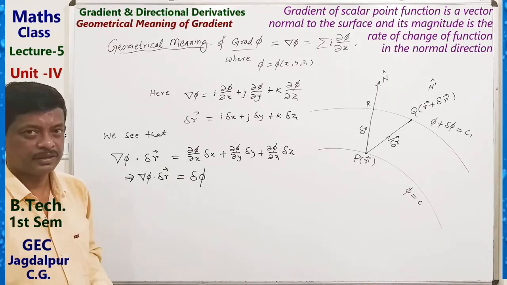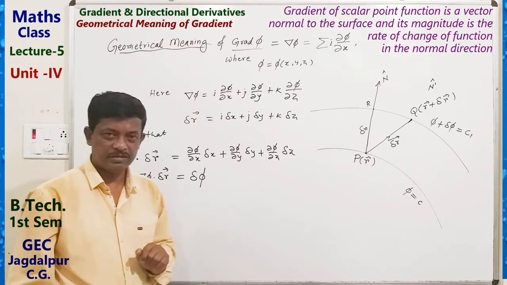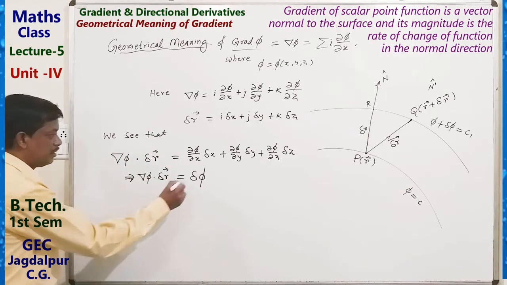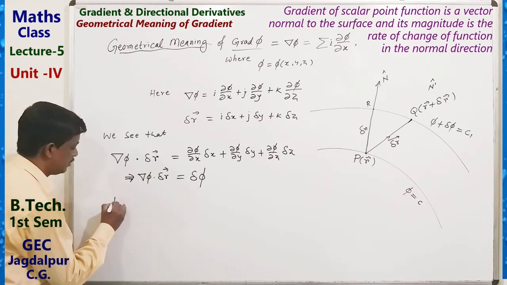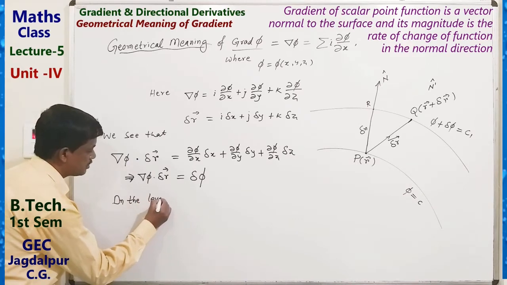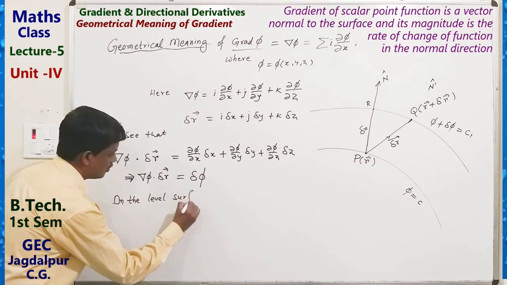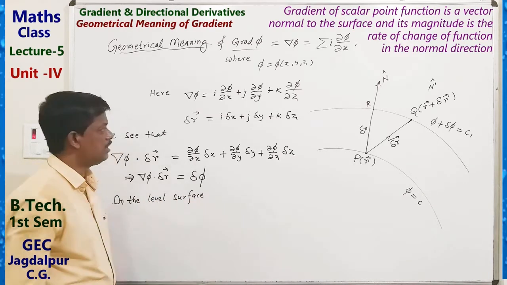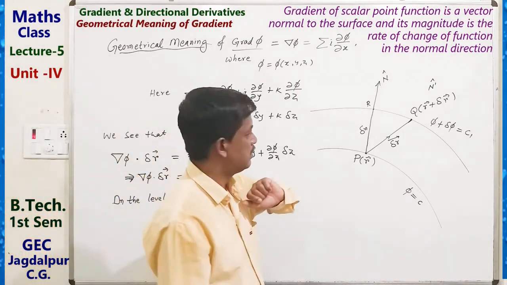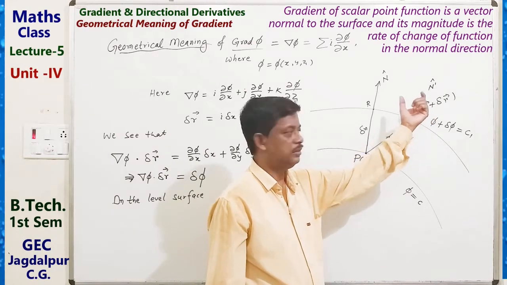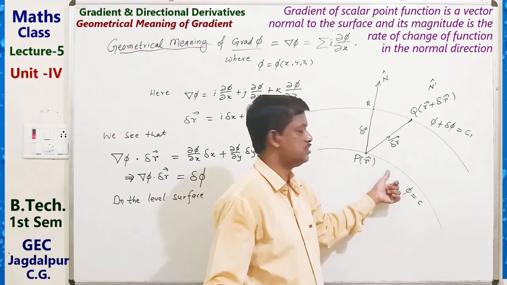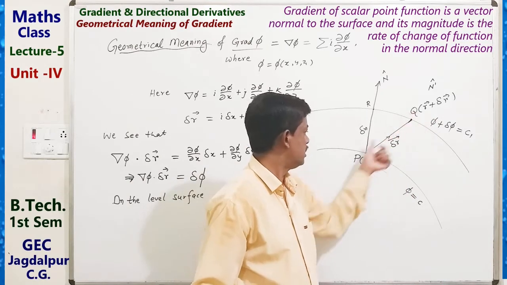Now from here we see that on the level surface, we can write delta as also d, when we take the limit, with this point tending to lie on this level surface, that is, q tending to p.